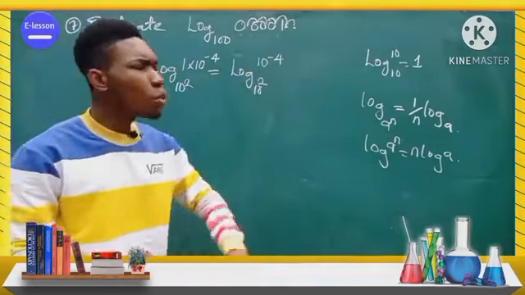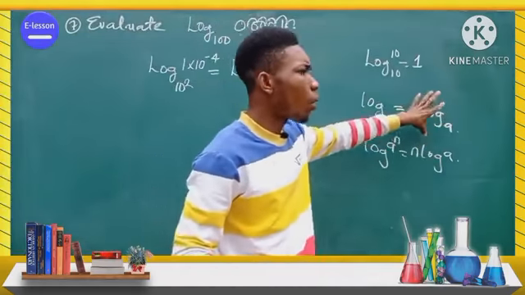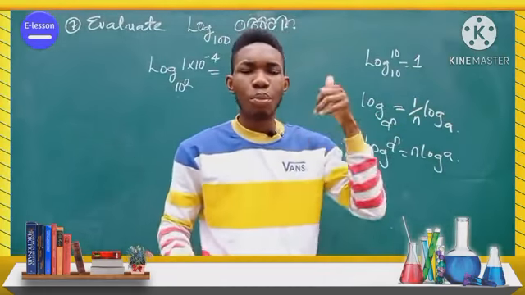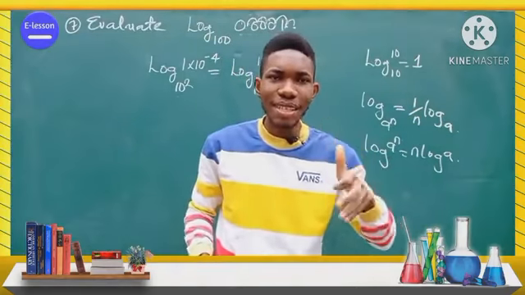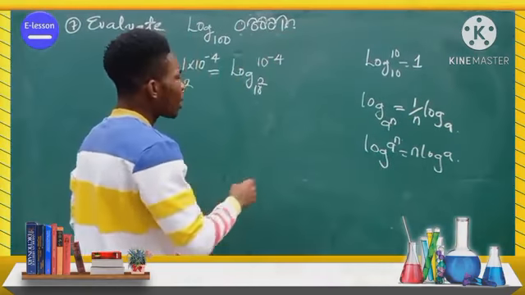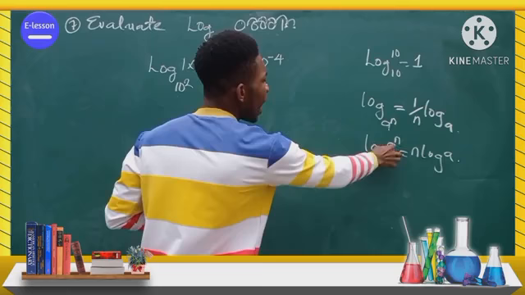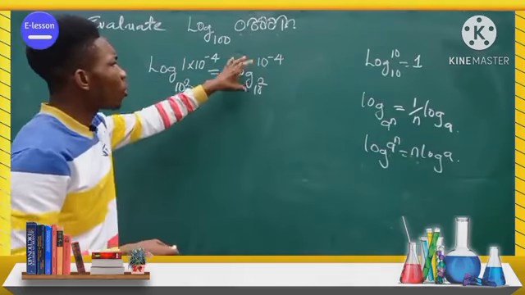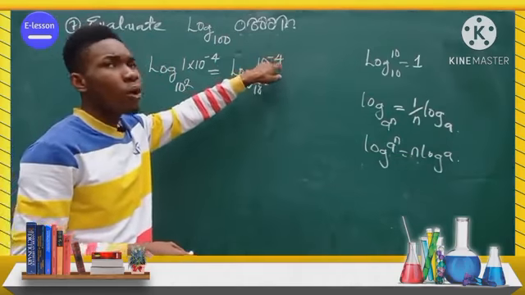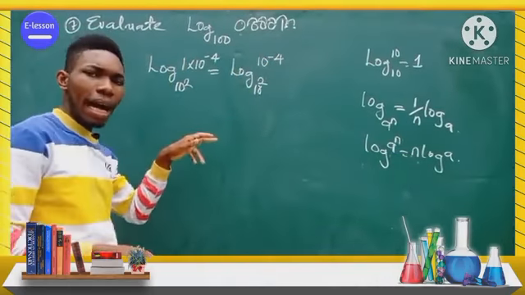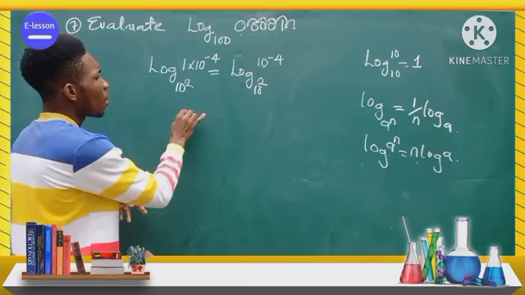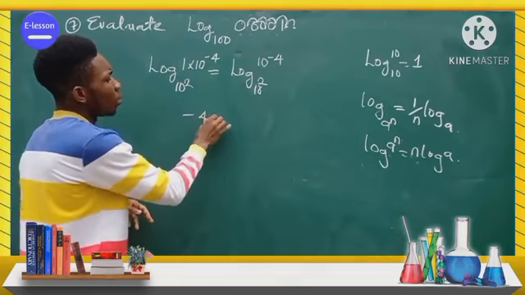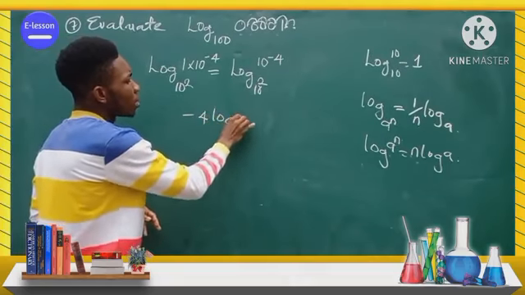Now, we are going to use these laws to provide a solution to this question. Taking cognizance of this, we say log a raised to the power of n is n log a. So if you have log 10 raised to the power of minus 4, it means we should take minus 4 to the back. Are we getting it? So this gives us minus 4 log 10.